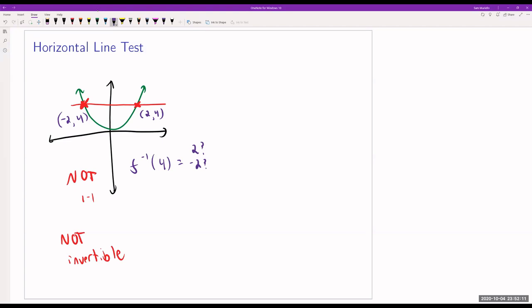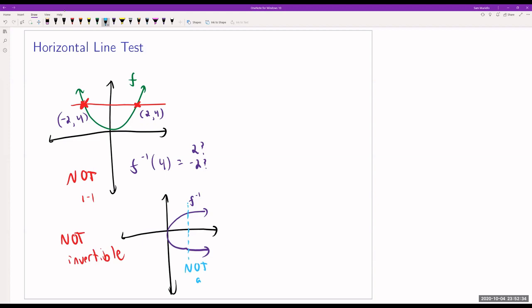And if I was to go ahead and graph f inverse, so let's say that this was f. If I tried to go ahead and graph f inverse, well, the inverse would be reflected, which would look like this. And now I failed the vertical line test.